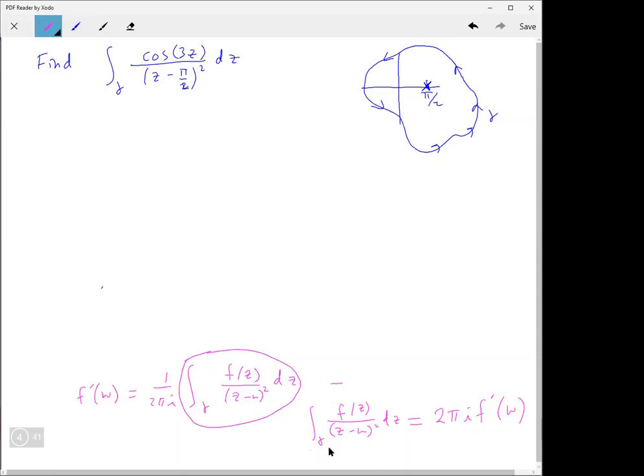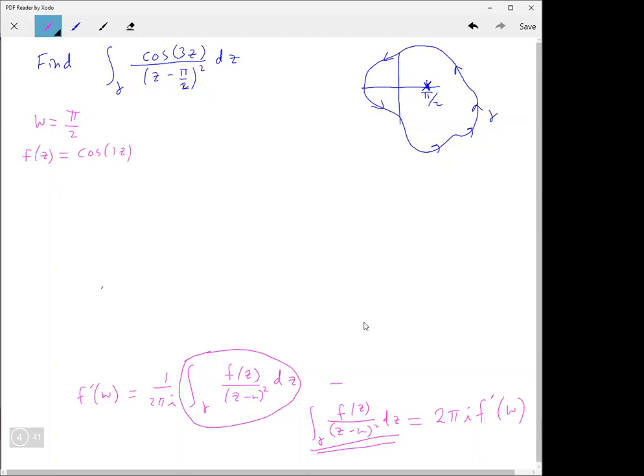Okay, great. So let's do some identification. So this right here, you should recognize that this is similar to what we have here. Okay, what is w though? Pi over 2. Exactly. And what is f of z? Cosine 3z.